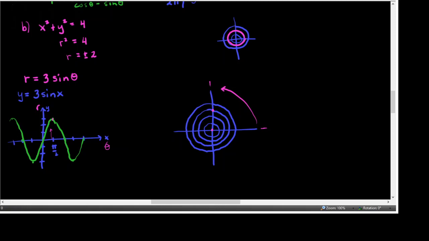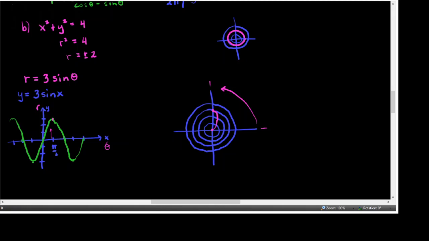So on our graph out over here, we're starting at radius 0, and as we rotate around the circle counterclockwise, the radius grows. And so I'm just going to represent that like this, that as we move around the angles, we're moving out further and further from the pole. So every one of these points, as theta increased, is further from the pole than the one before it.